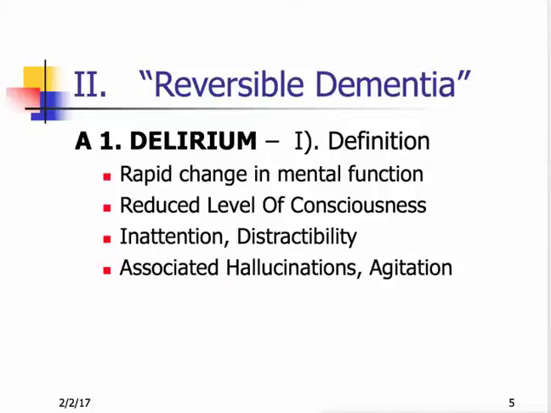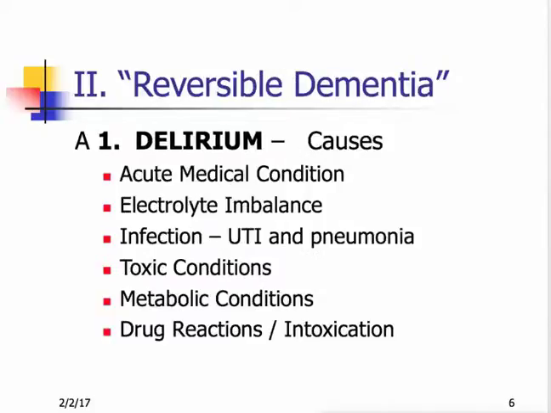Not always, but often agitated. So some of the causes: usually an acute medical condition, electrolyte imbalance, and an infection. UTI is the most common one, but not the only type. Other toxic conditions, metabolic conditions, and drug reactions is a very big one.